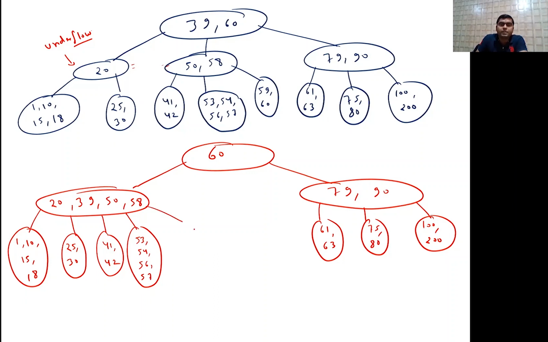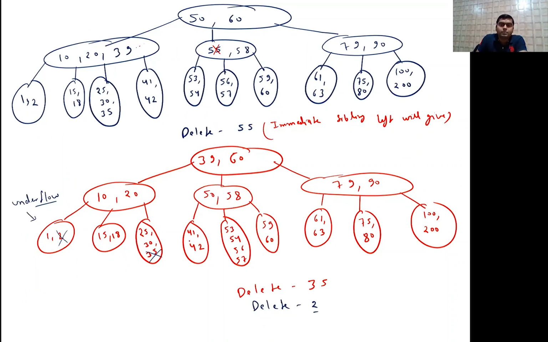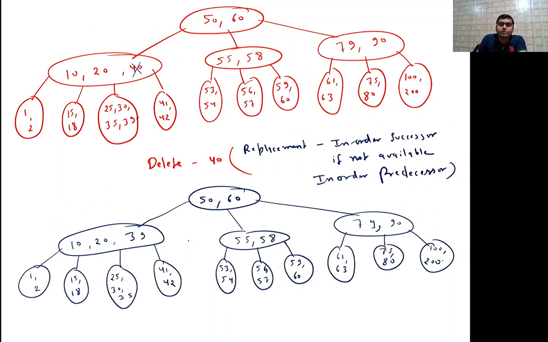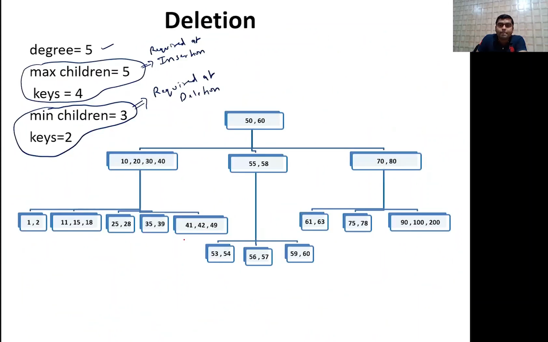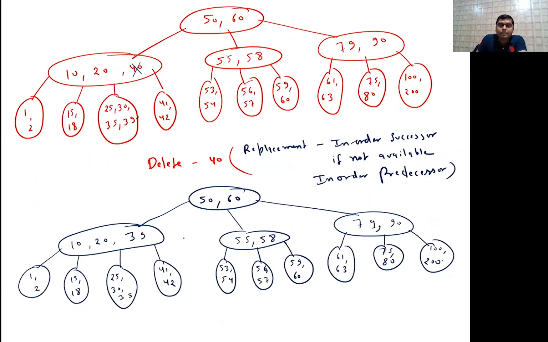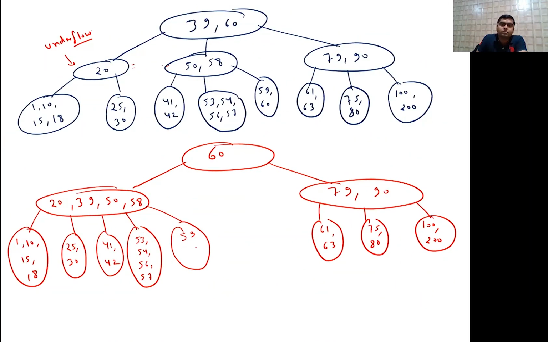Right side of 58 is 59 and 60. Yes, of course 60 is there, so no issue.